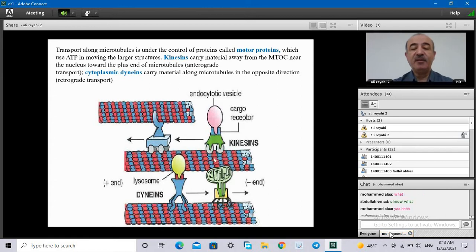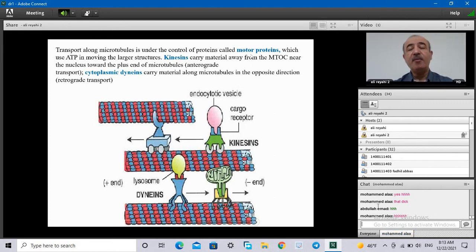The other function of the microtubule within the cytoplasm is that it helps the movement of organelles within the cytoplasm, okay? Transport of organelles or vesicles along microtubules is under the control of some proteins called motor proteins.